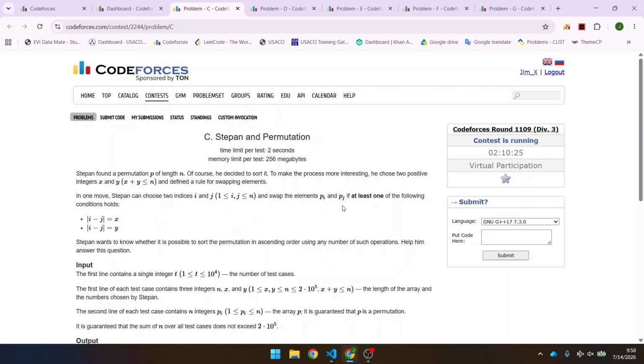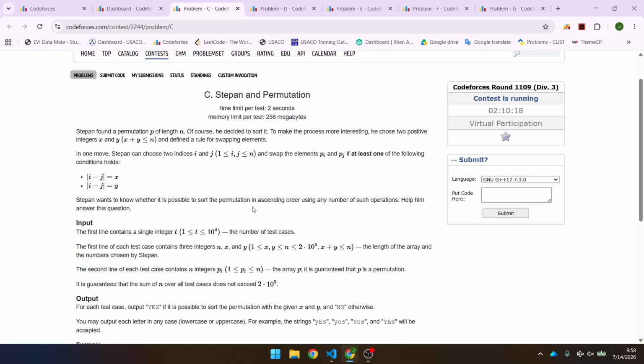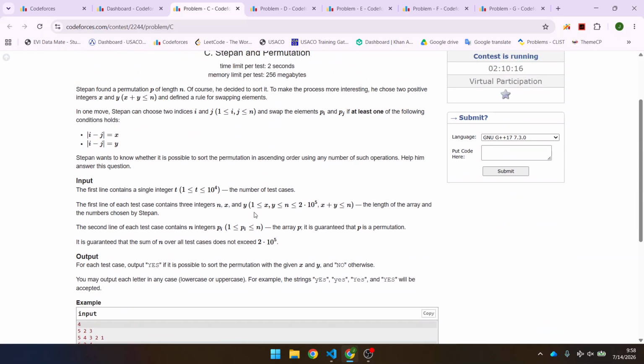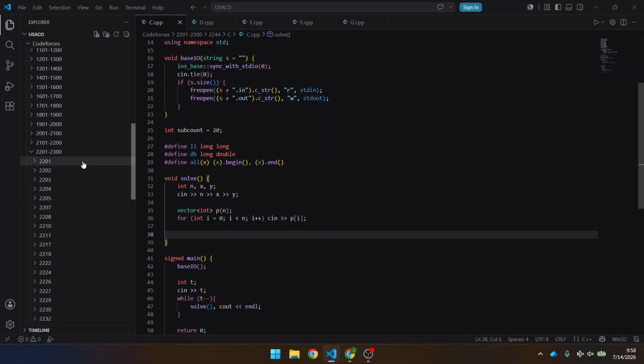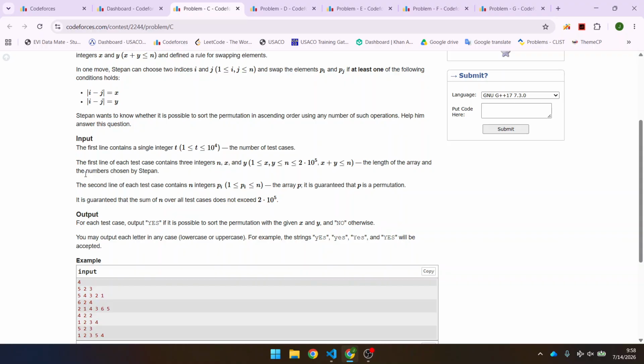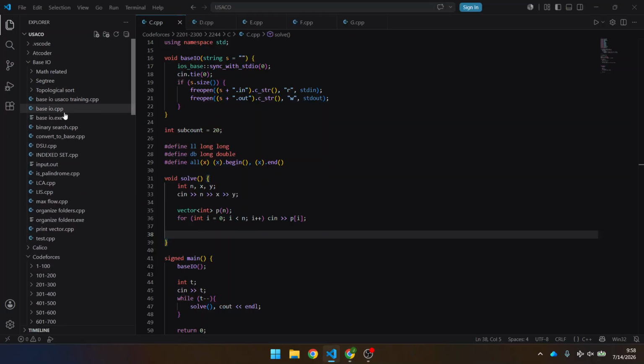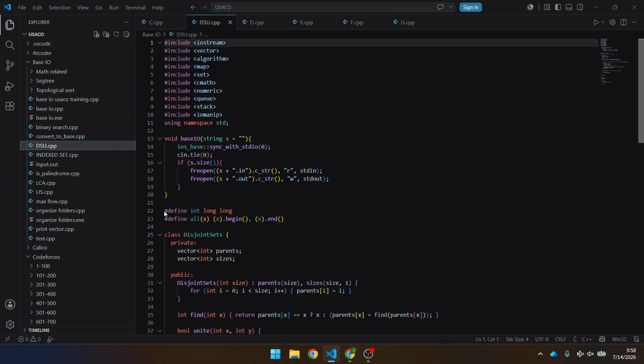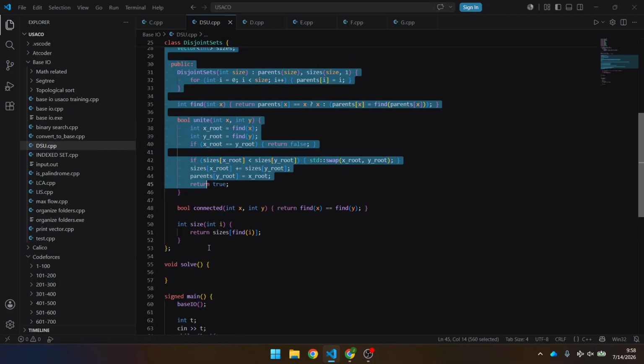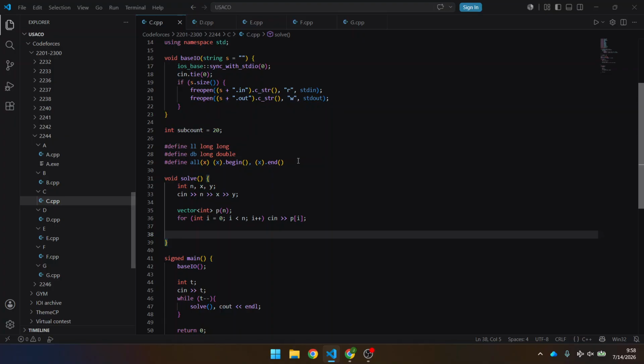Choose indices i and j and swap the elements p_i and p_j if at least one of the following conditions holds. Okay, so think DSU. Yeah, I think we can use a DSU here, right?